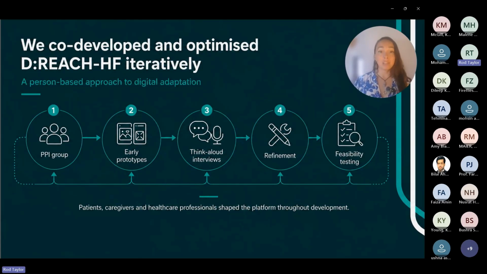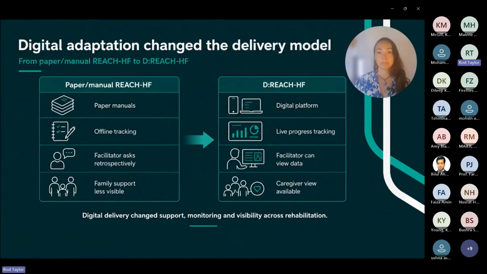One of the lessons was that digital adaptation slightly changed the delivery model. Digital adaptation changed more than the format of REACH-HF. In the original paper-based version, patients used manuals and offline tracking, and facilitators often relied on patients' retrospective accounts during consultations.